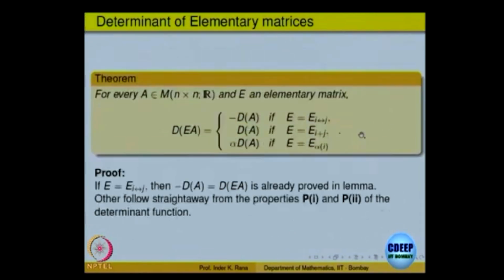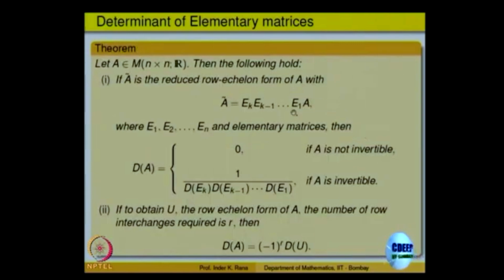Using this we get determinant of A is equal to 1 over the product of determinants of the E's, and the numerator on the right hand side is the determinant of A tilde in that equation. What is the determinant of A tilde in the reduced row echelon form? That depends on the form of that A tilde.